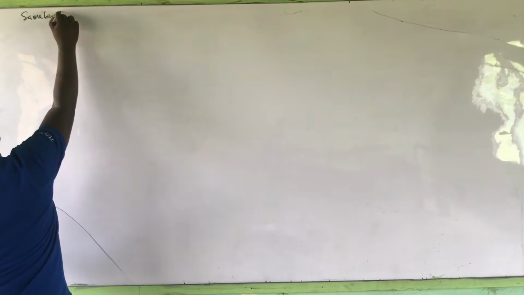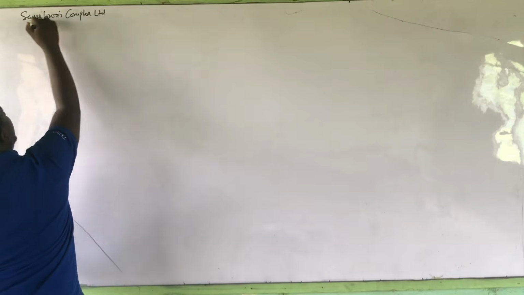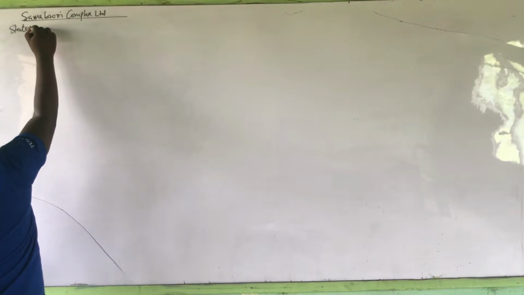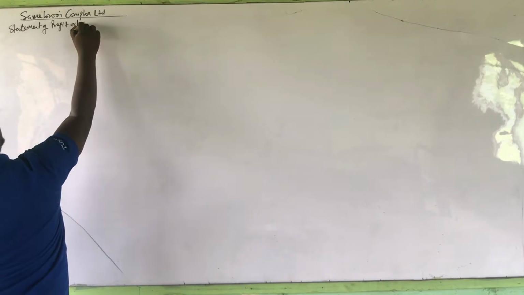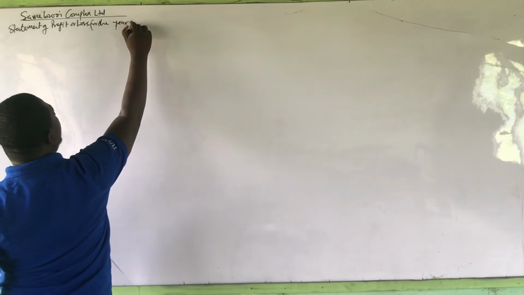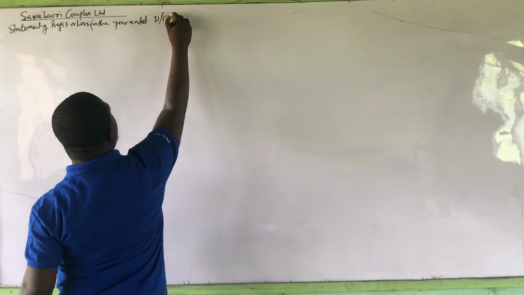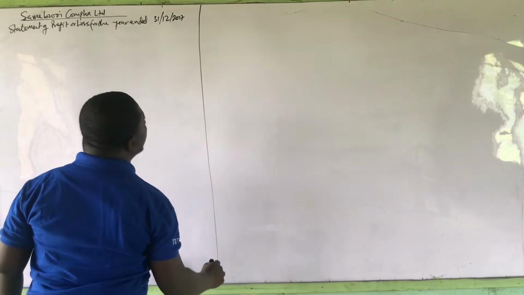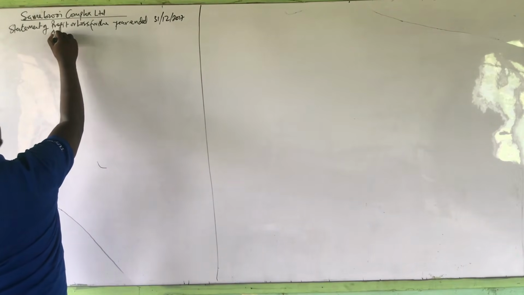Same Boy Complex Limited. Statement of profit or loss for the year ended 31st December 2017 under absorption costing.